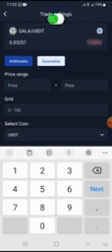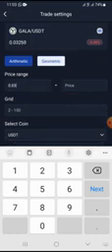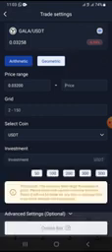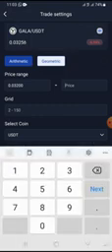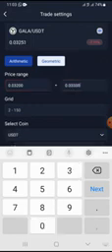So we can give it the support being 0.03200 to the highest point, which is the resistance, 0.03500. So by inputting the price ranges, it's like I'm giving orders to the robot to buy within those ranges.